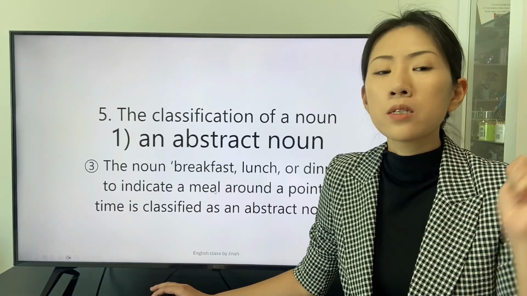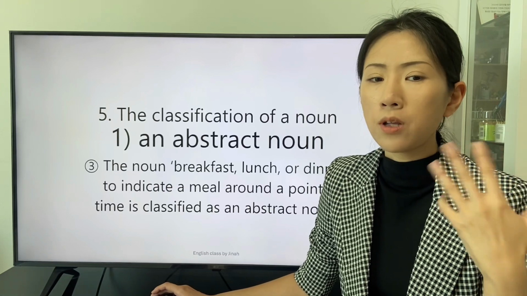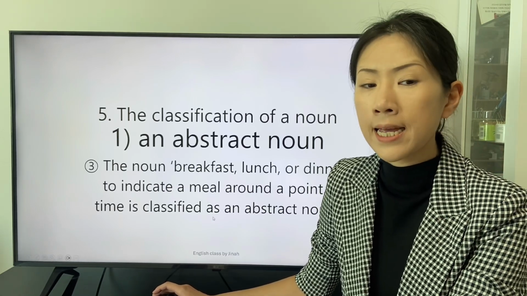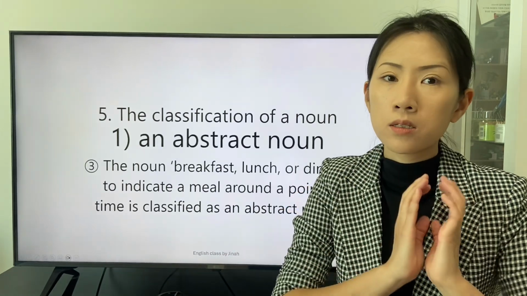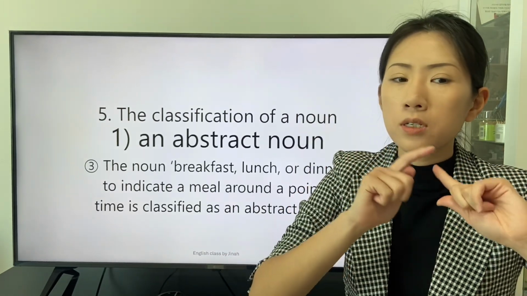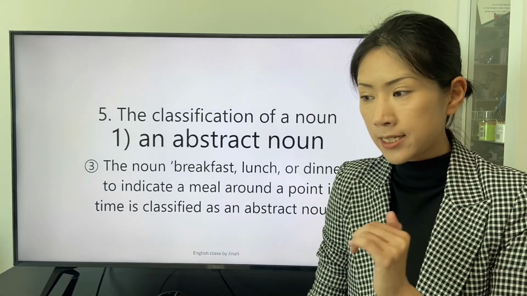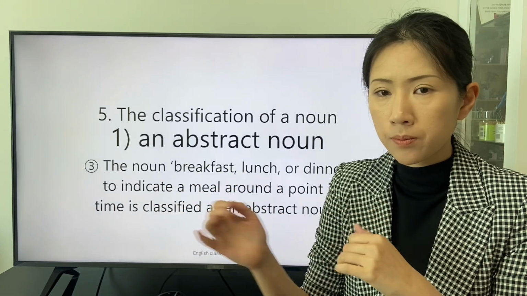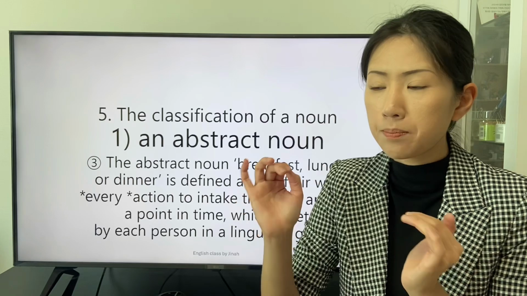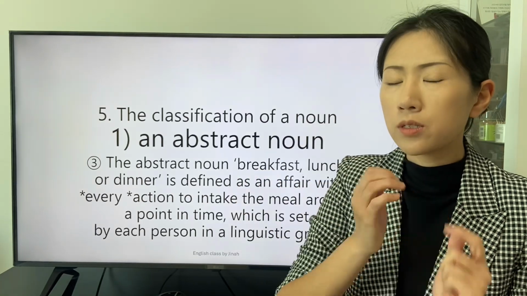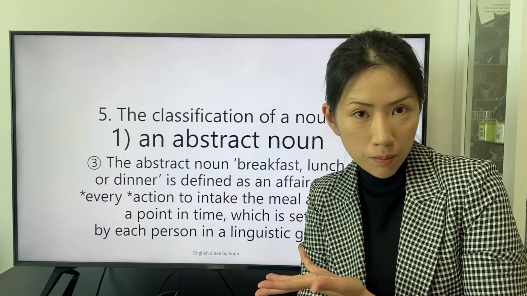Number 3, the noun breakfast, lunch, or dinner to indicate a meal around a point in time is classified as an abstract noun. The first reason why the nouns breakfast, lunch, and dinner are classified as the abstract nouns is that the object indicated by the nouns breakfast, lunch, and dinner is metaphysical.